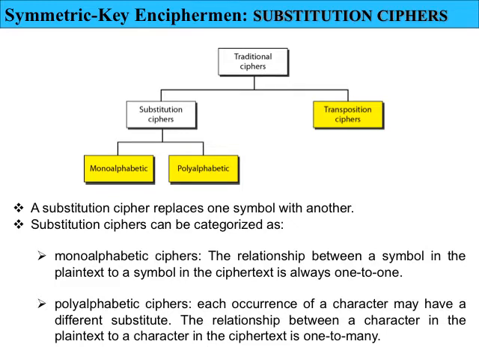other way around. So largely we can divide the ciphers or the ciphering algorithms into two major categories. One is what we call substitution ciphers. Substitution ciphers take one or more letters from the plain text, and they transform it into another letter.